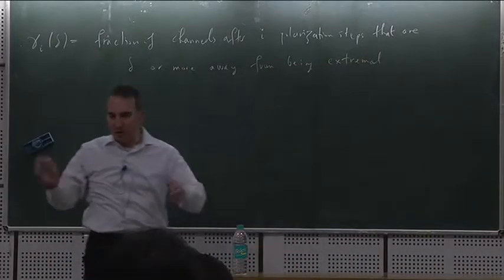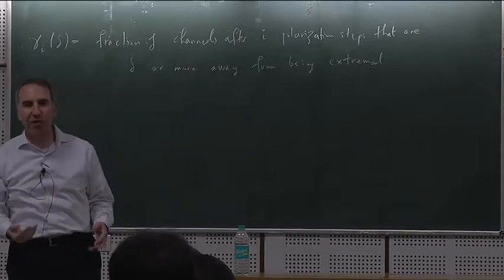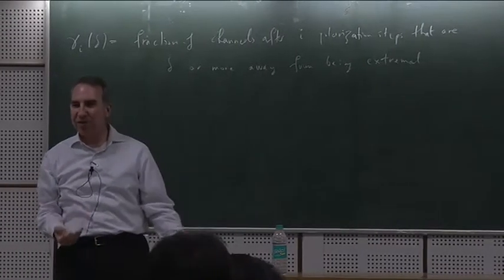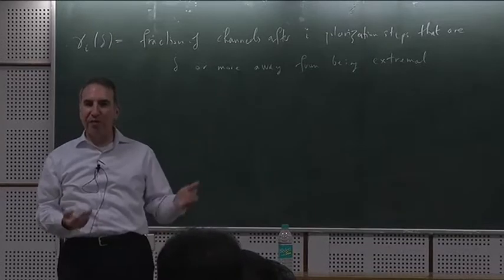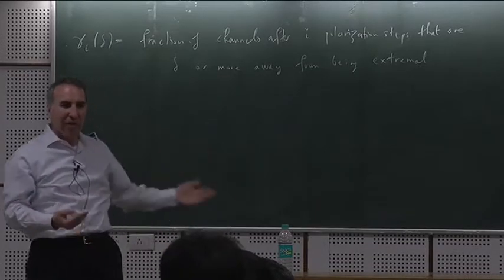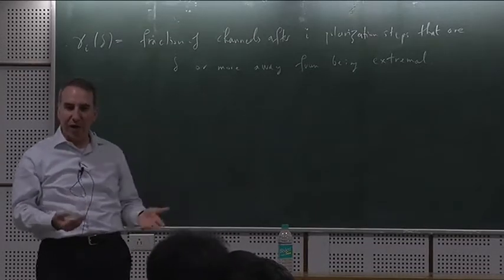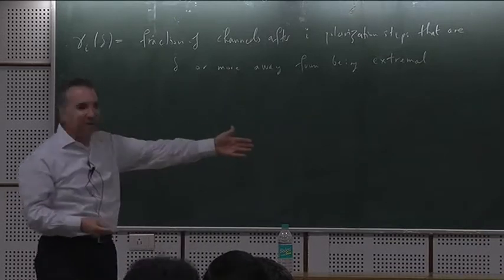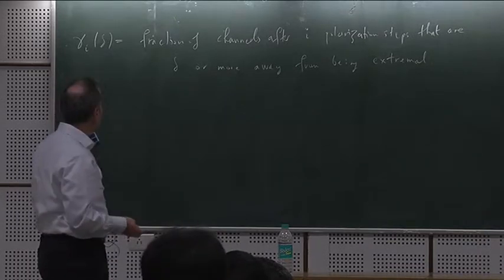Okay. So these are channels whose erasure probability is neither less than delta nor more than 1 minus delta. I simply count the fraction of these channels after I iteration steps. That's exactly gamma I of delta.